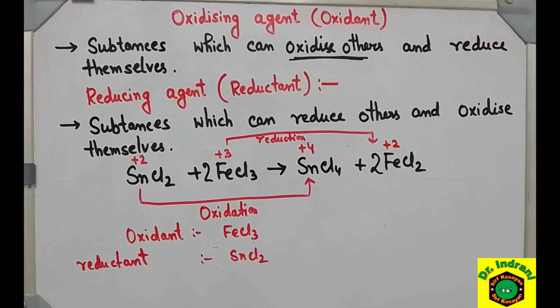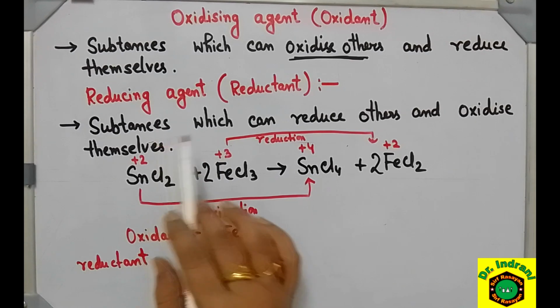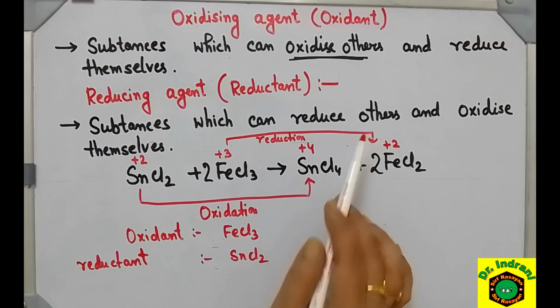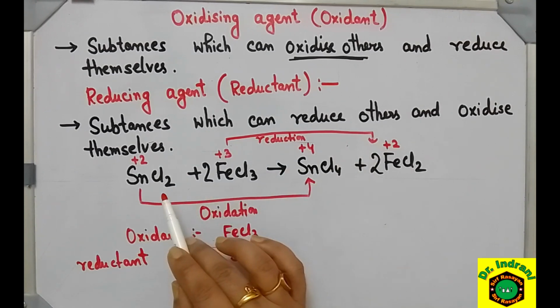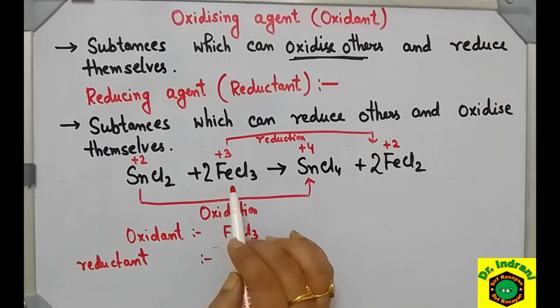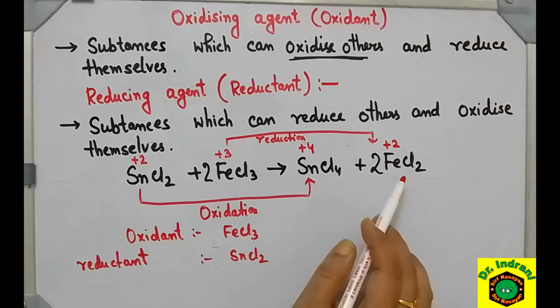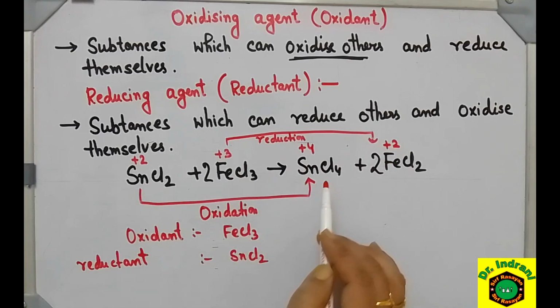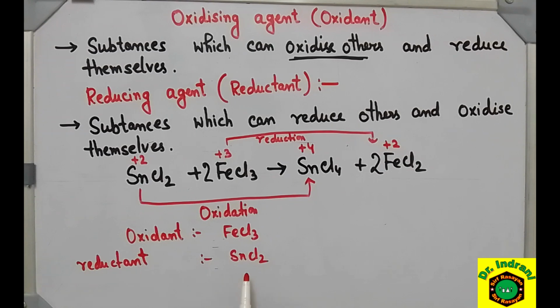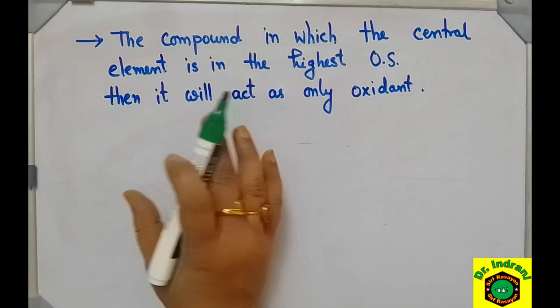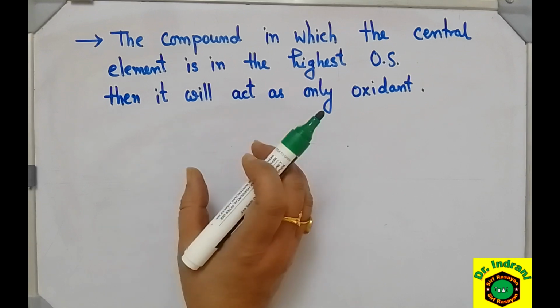So what is reductant or reducing agent? Substances which can reduce others. So SnCl2 is reducing FeCl3 to FeCl2 and itself it is oxidizing. So therefore SnCl2, stannous chloride, is reductant or reducing agent. Clear? Now we will see how to determine oxidant and reductant.